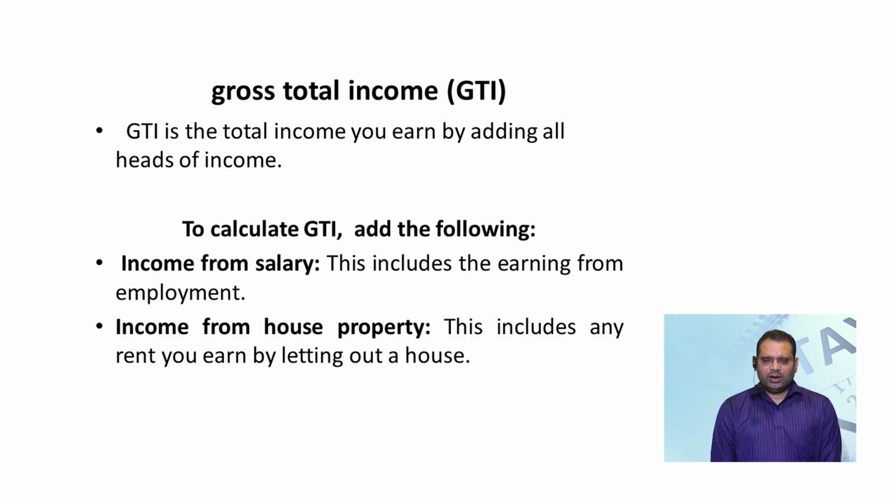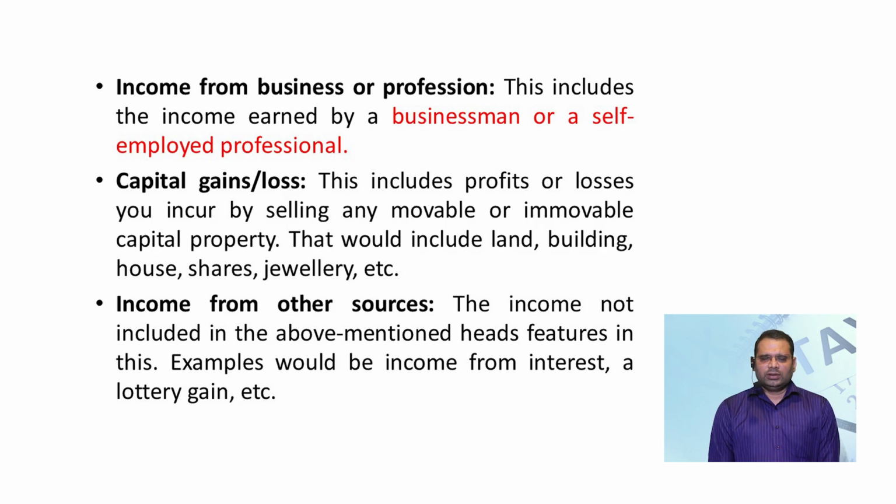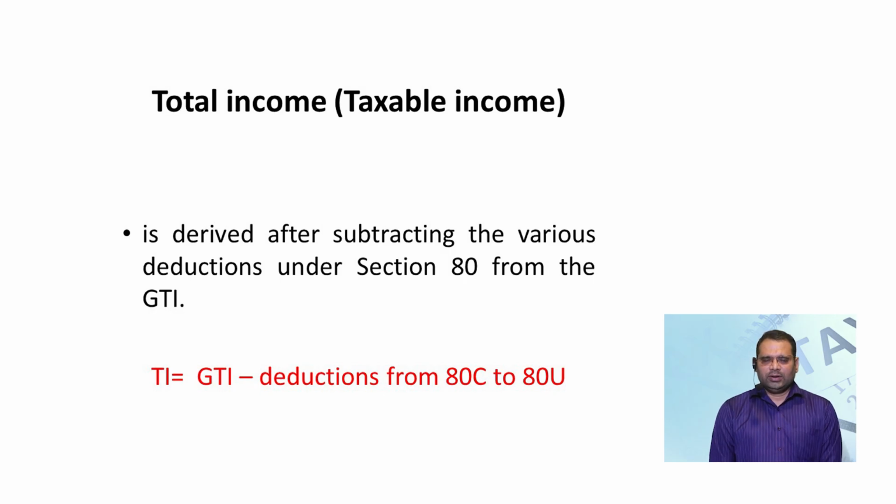And here there is a special term called total income, also called taxable income. We get taxable income by deducting all the deductions from gross total income. That means total income is equal to gross total income minus deductions under section 80C to 80U.